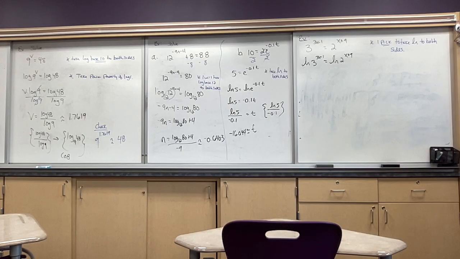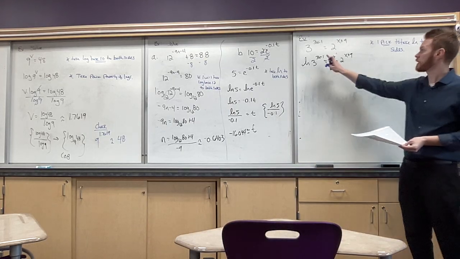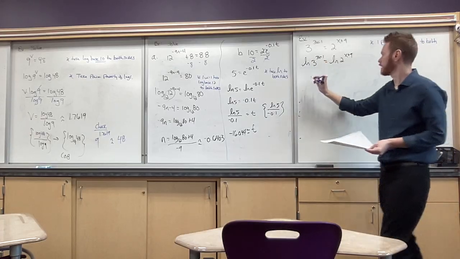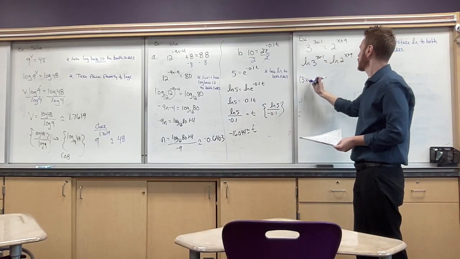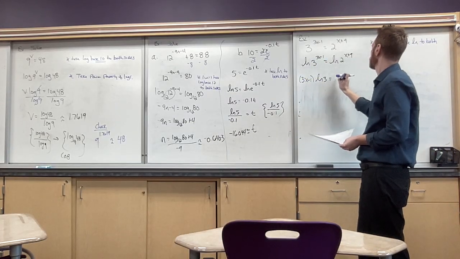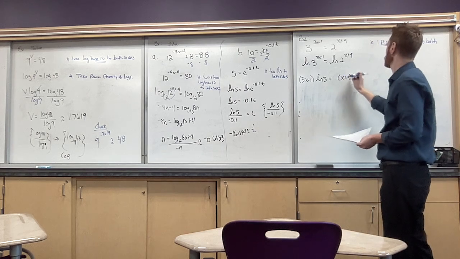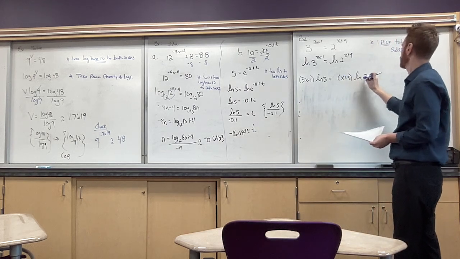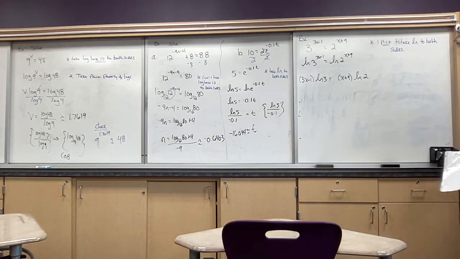All right. So far, so good. So now because this is a power, I can bring it out in front. So I get 3x minus 1 times ln of 3 equals x plus 9 multiplied by ln of 2. So that's just using the power property. Okay.